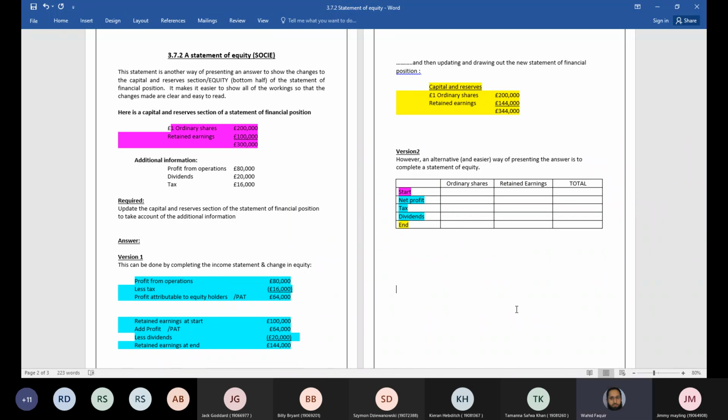I know some of you are very quick at this. Once you're done, I'd like you to take a picture of this and send it in the chat.